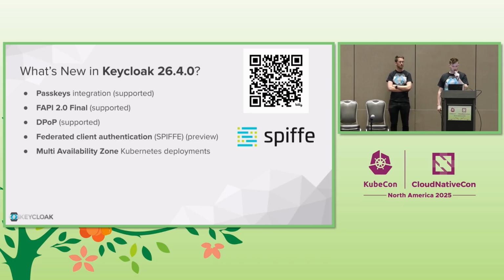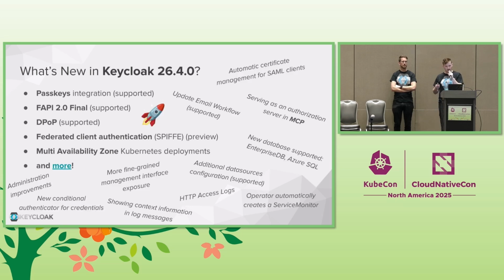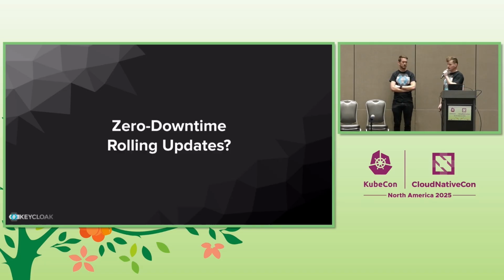There's DPoP support, demonstrating proof of possession, and preview support for federated client authentication like SPIFFE. There have been improvements even for multi-availability zone Kubernetes deployments, and there are many more features and bug fixes and so on. But the main question remains unanswered, right?